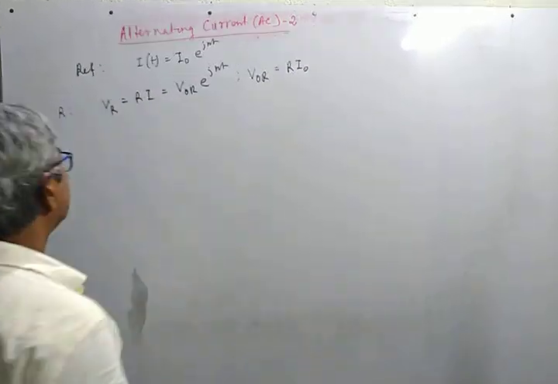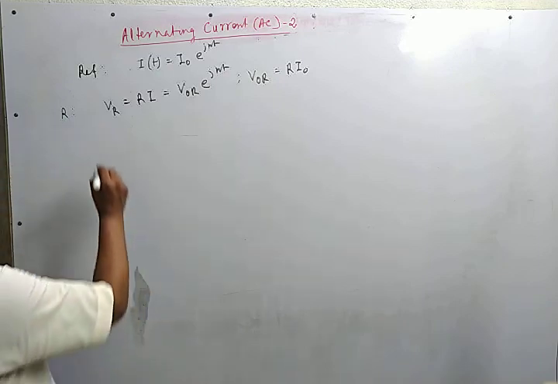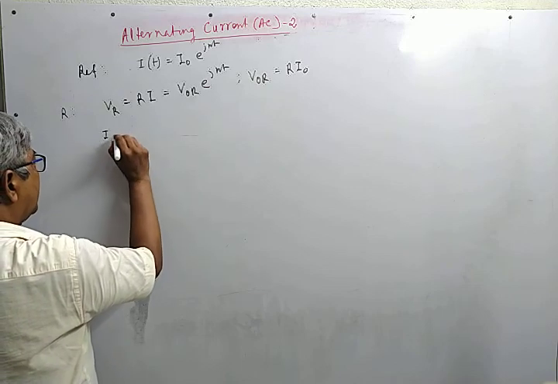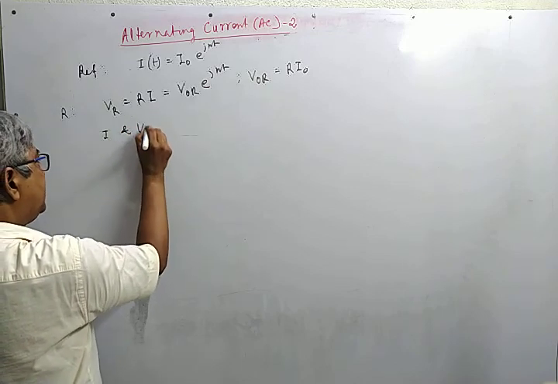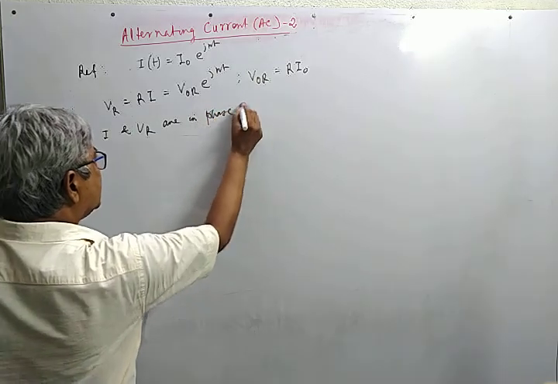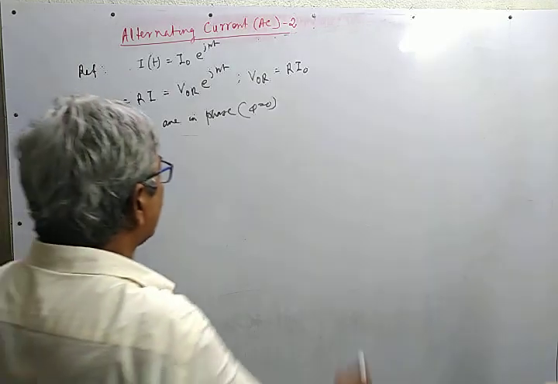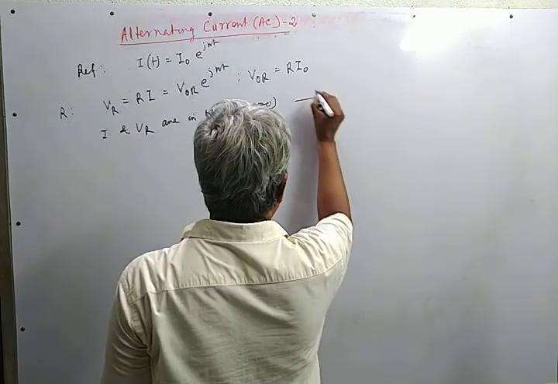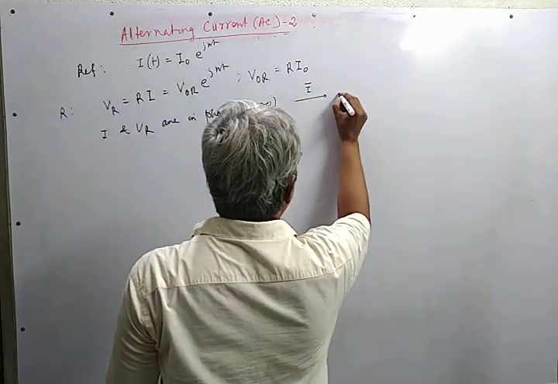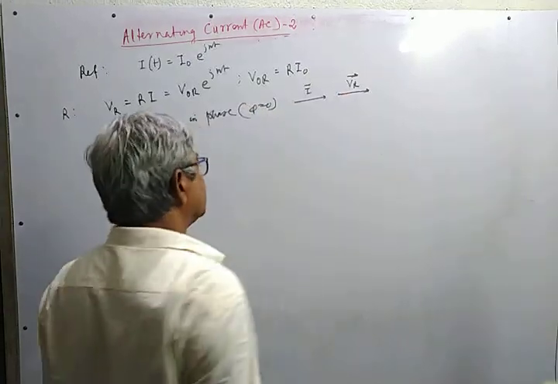And we see that I and VR are in phase, that is, phi is equal to 0. The phasor diagram would be, if this is the current phasor, the corresponding voltage phasor across the resistor is this.